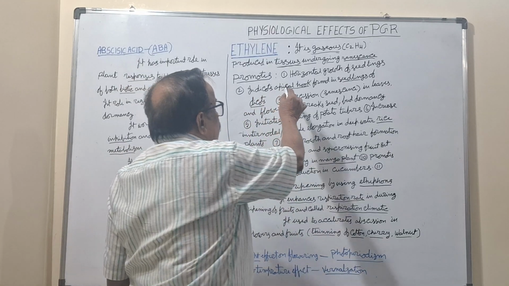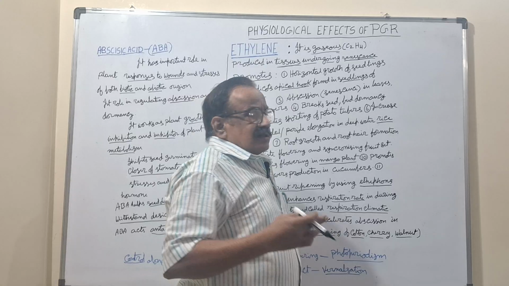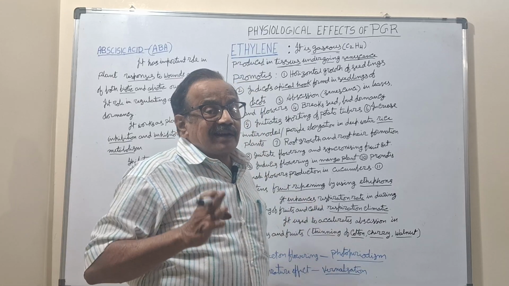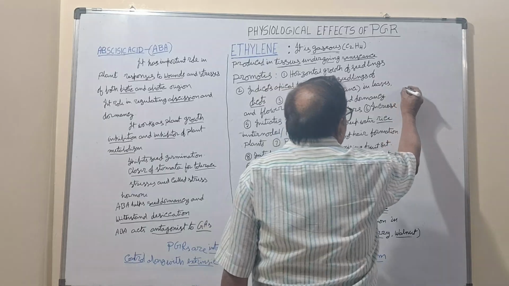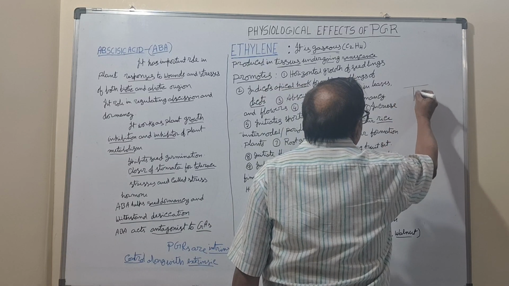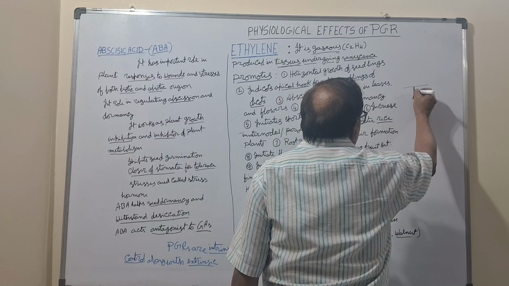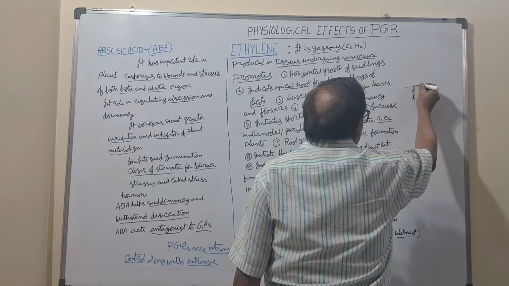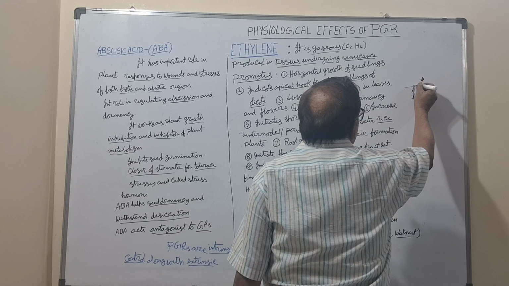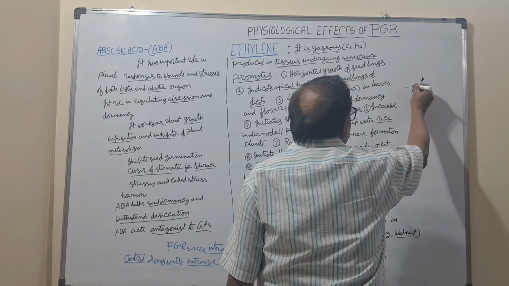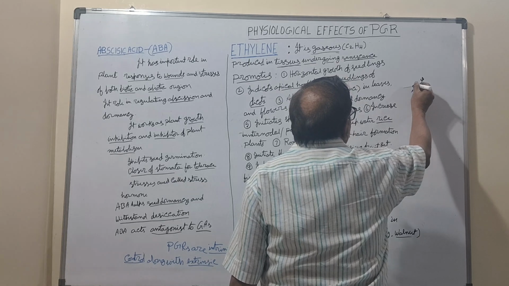Now, it promotes horizontal growth of seedlings. Here you will see the advantage of horizontal growth. Whenever the seedling is growing, this is the main root, and the leaves come here, and it produces additional roots, and it may give some branches also.